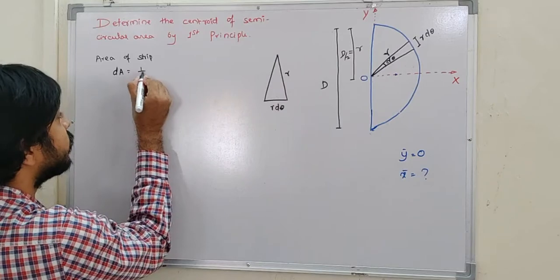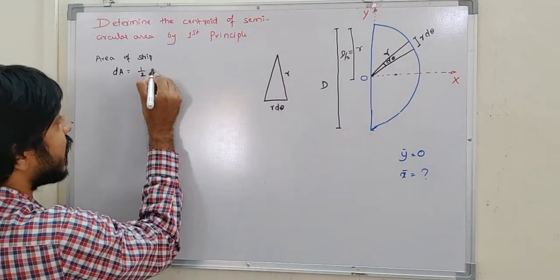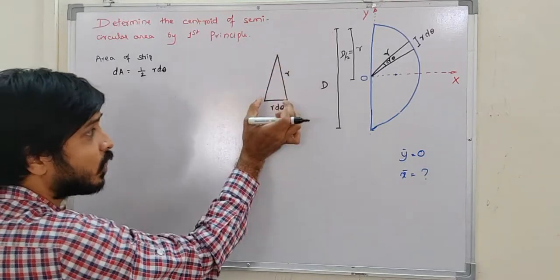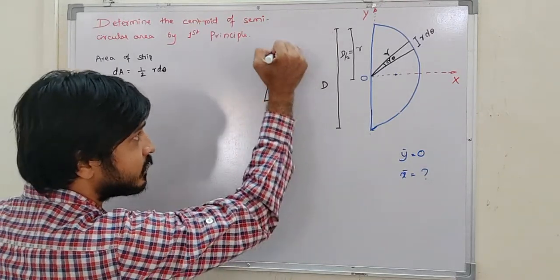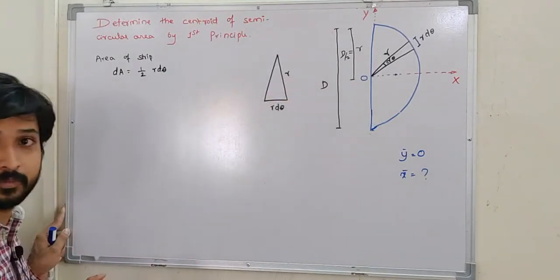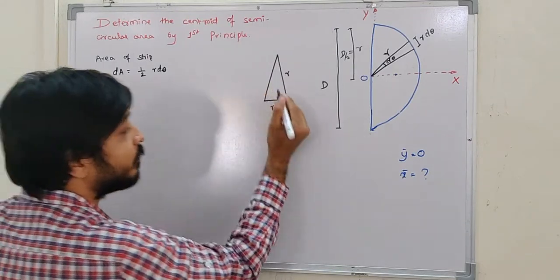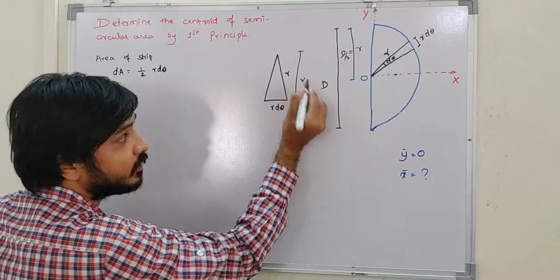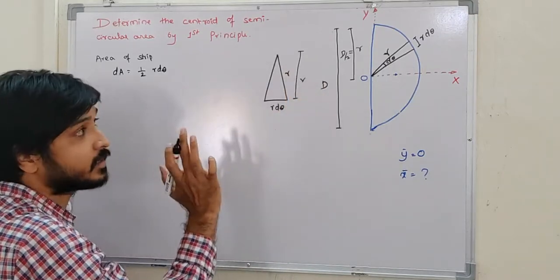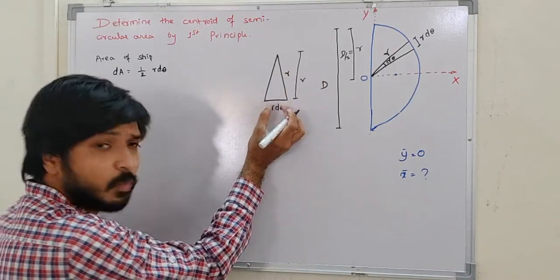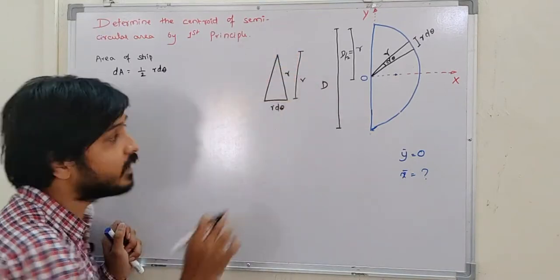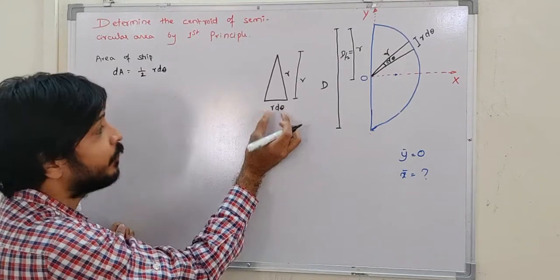Half of base R d theta into height H. Because this is very, very small, negligible, this side itself will become R. We are assuming that, but in the real case this height will not be R. But as this is very, very small, this R itself becomes the height, and this R d theta will be the base.